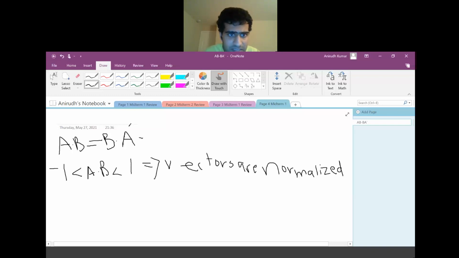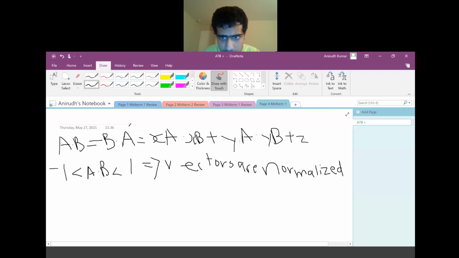That's one good thing to remember. The second thing to remember is that the dot product a dot b is the same thing as saying the x coordinate of a multiplied by the x coordinate of b, plus the y coordinate of a multiplied by the y coordinate of b, plus the z coordinate of a multiplied by the z coordinate of b.